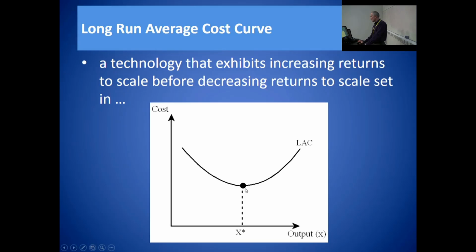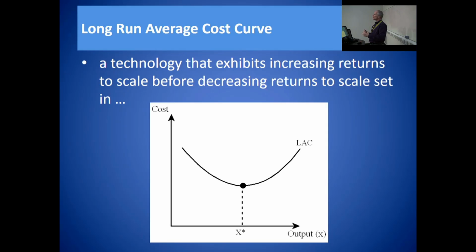However, it then comes to a point where firms become unwieldy because of their size, and diminishing or decreasing returns to scale set in. Increased bureaucracy, inefficiency, call it what you want, but firms suffer for their size, and it forces long run average cost up.